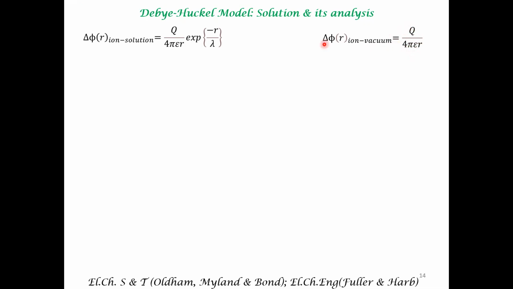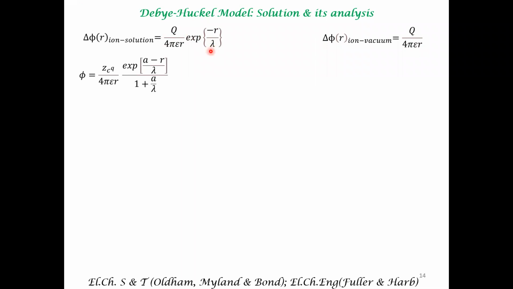Compared to that, my solution has an additional component. The additional component is an exponentially decaying part, where R is scaled by this factor lambda, which is the Debye length, which depends upon thermal energies as well as the ionic strength. So as opposed to a bare ion in vacuum, I have another term which decays in an exponential manner.